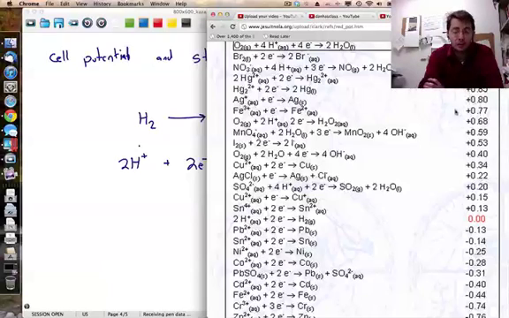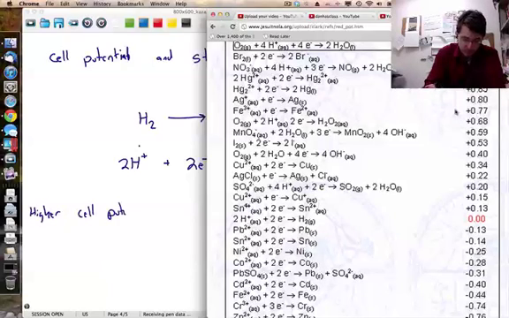The higher the voltage, the higher the cell potential, the more likely that reaction will take place.